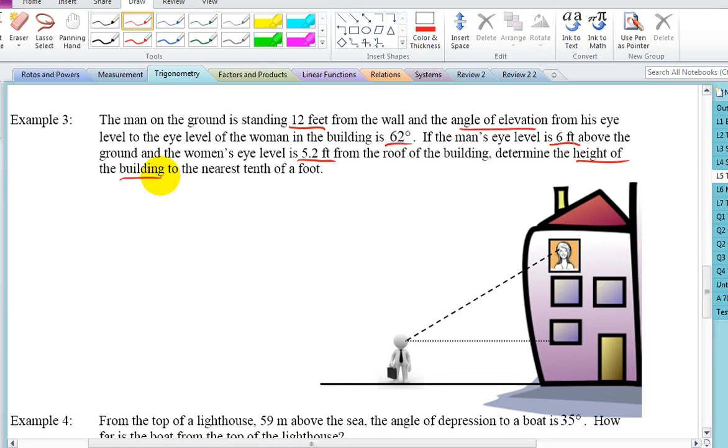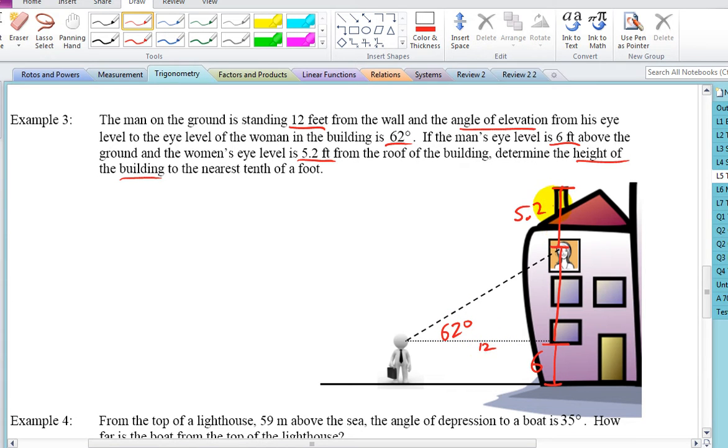Okay, so a lot of tricky stuff in there. Label your diagram with those numbers. Go. There we go.